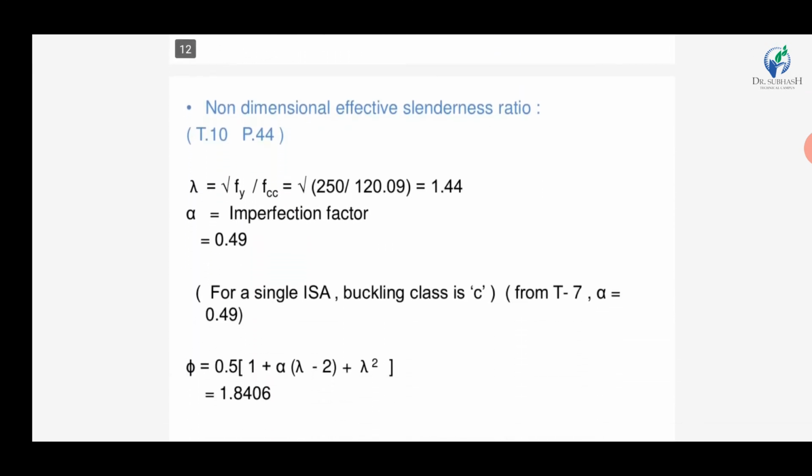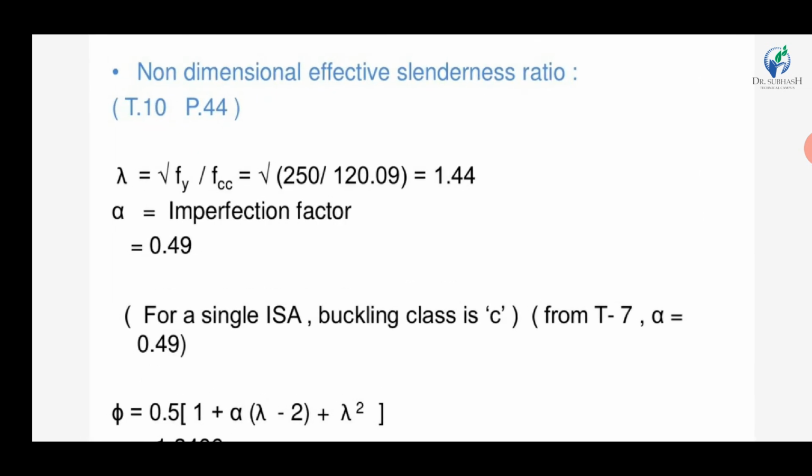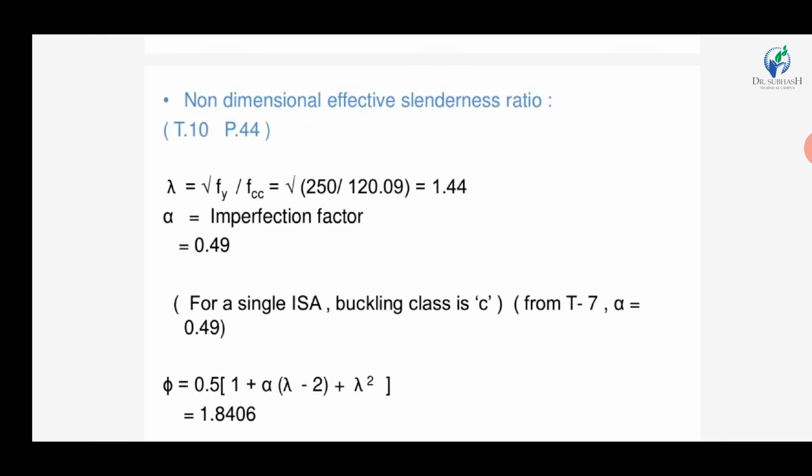Next, the non-dimensional effective slenderness ratio is given in table number 10, page number 45: lambda is equal to under root of Fy upon FCC. We already found the value of FCC, so we can find lambda. Here the value is 1.444.